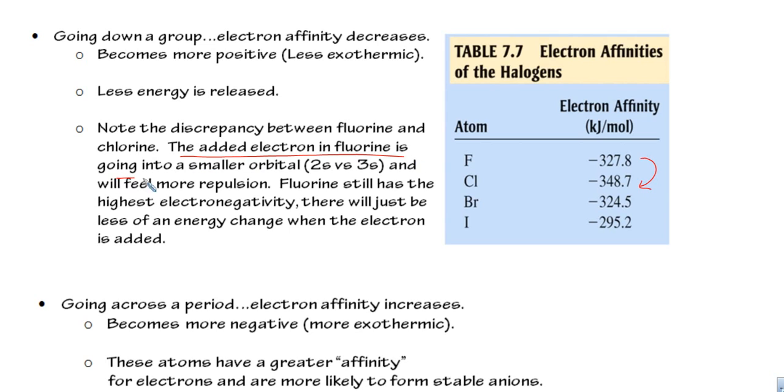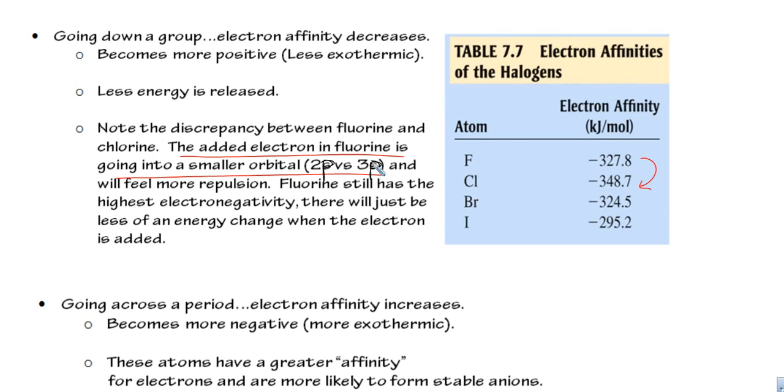They both really want to gain an electron. In fluorine, you're adding that electron to a smaller orbital. Now here it mentions that it's going into a smaller orbital, the 2p versus the 3p. Make note, these are p's.